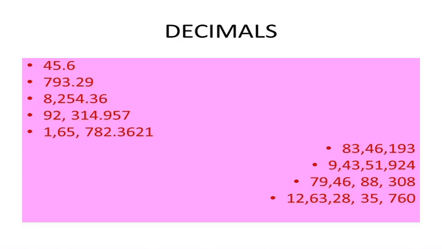The normal way of pronunciation of decimals, after the point, is to pronounce each digit individually and not together. So it is 45.6, 793.29. Very matured speakers of the language also pronounce it as 793.29.